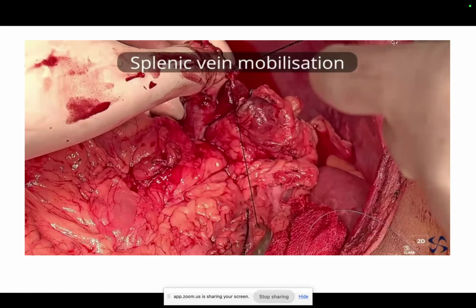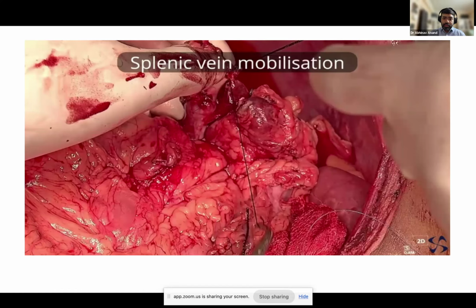So before you can start, you have to lift the pancreas more anteriorly into your operative field, get to the posterior surface of the splenic vein, start dissection from there, and then make your dissection circumferential.